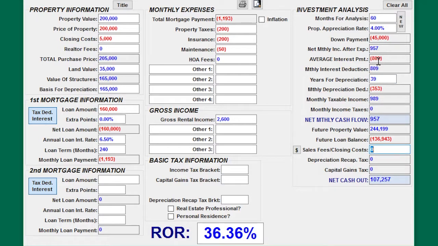and closing costs were 6%. And let's look here. Income tax bracket. He was in a 35% income tax bracket, 15% capital gains bracket, and then he had a depreciation recapture tax of 25% tax bracket.